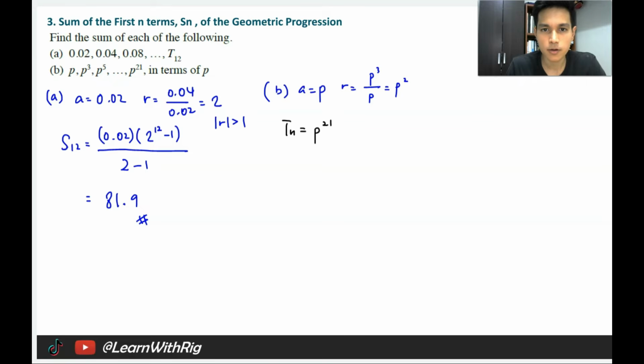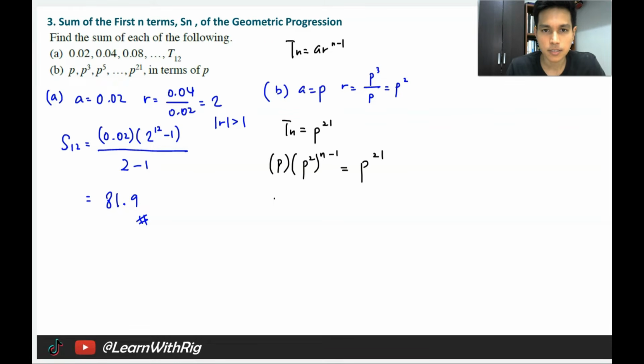We want to find out when the term value is P to the power 21, what's the value of n? So use the Tn formula. What's the Tn formula? A R to the power n minus 1, correct? So A is P, R is P squared, so P times P squared to the power n minus 1 equals P to the power 21.